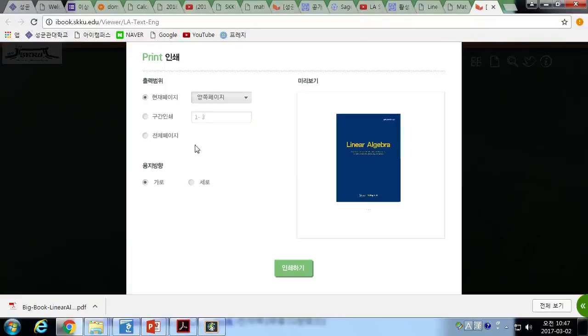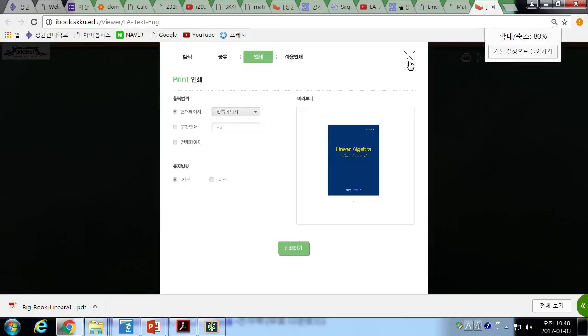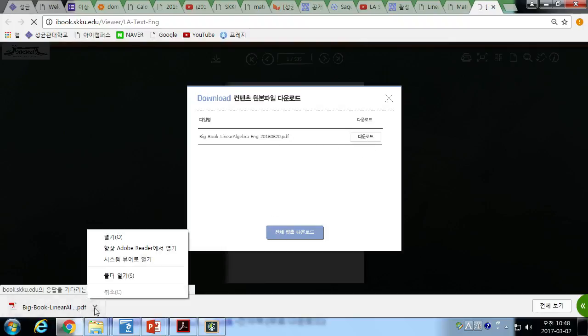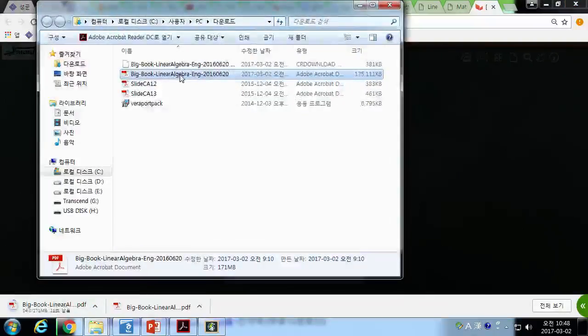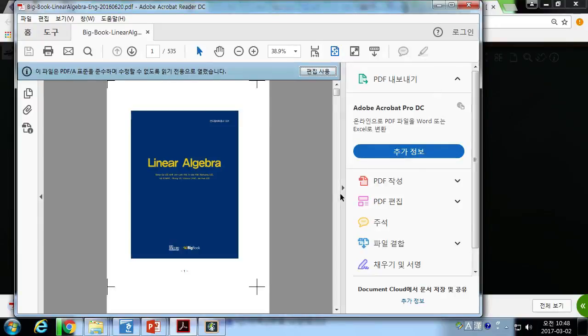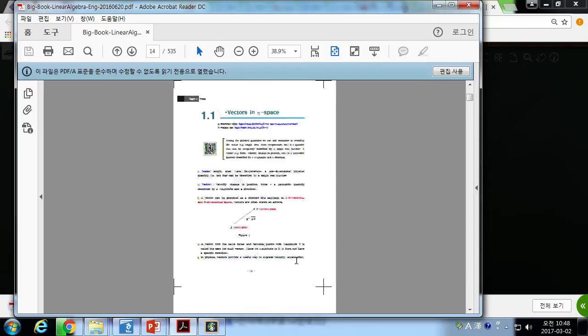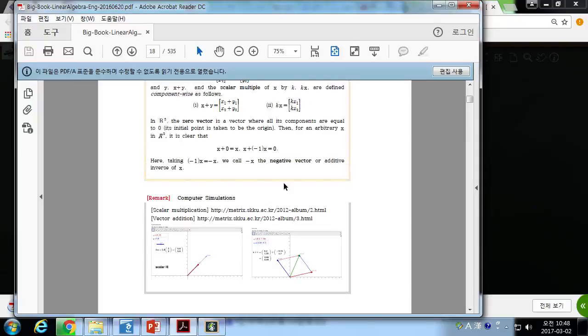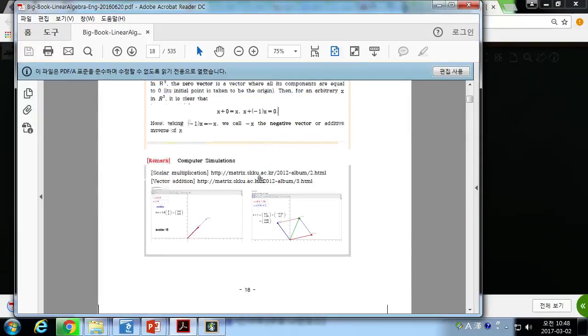You can make a printout of it, and you can download it from here, as you see. Then you will see the book, and in this book you can not only read, but also make a copy of the code.